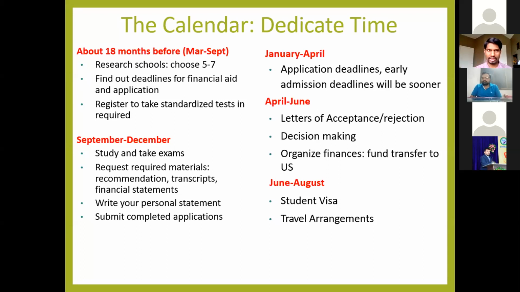You book a date with the US Embassy and submit the required forms for the visa application process, and then you go for a visa interview, and they ask you typical questions: where you are going, what kind of program it is, and are you going to come back? That's the most important question, because they don't like people who want to stay there, even though people stay there after finishing their PhD. But that's the typical question they ask.